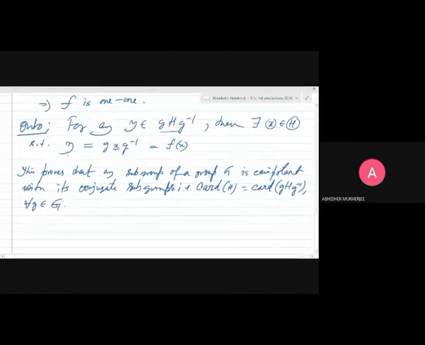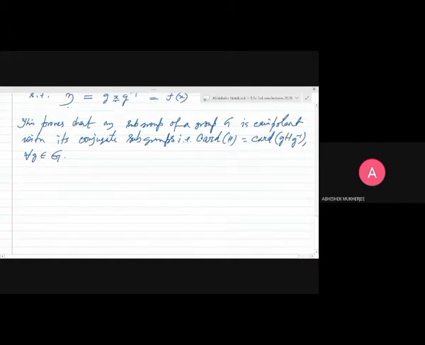So the conjugate subgroups will have the same number of elements as that of the given subgroup H. So that is an interesting feature. Okay. Fine.